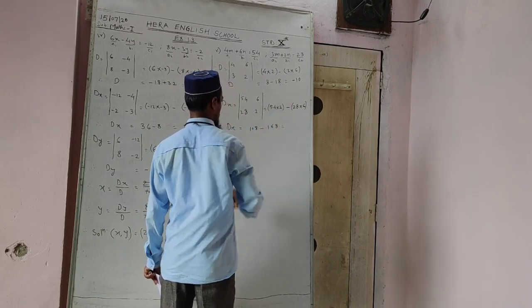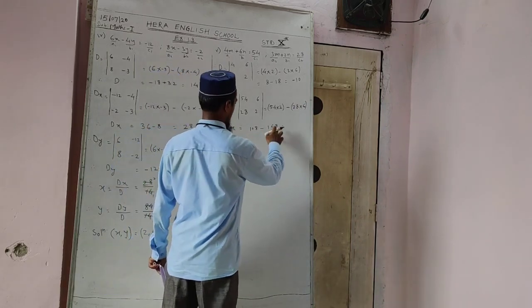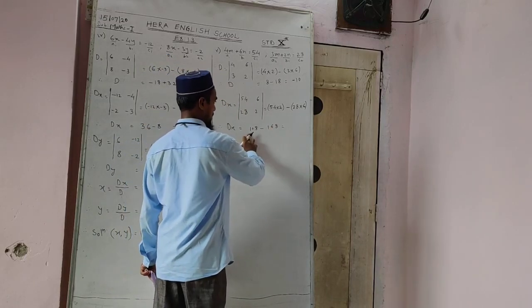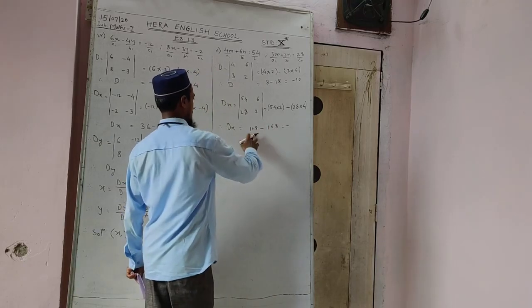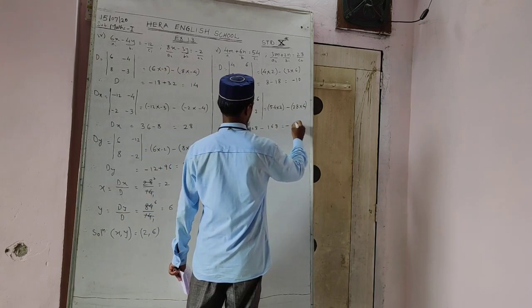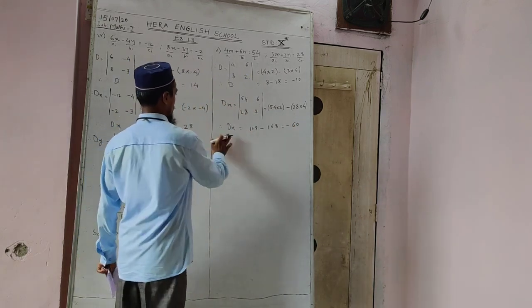Here also subtraction is there. Now 108 minus 168, the greater one is 168, so with the greater number's sign, you will get 168 minus 108, which is 60 with the minus sign. Now we got dx.